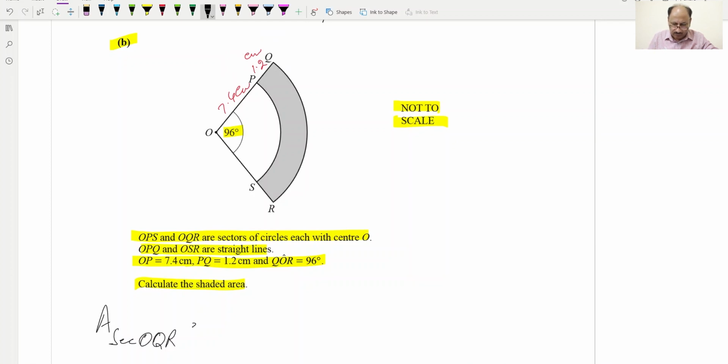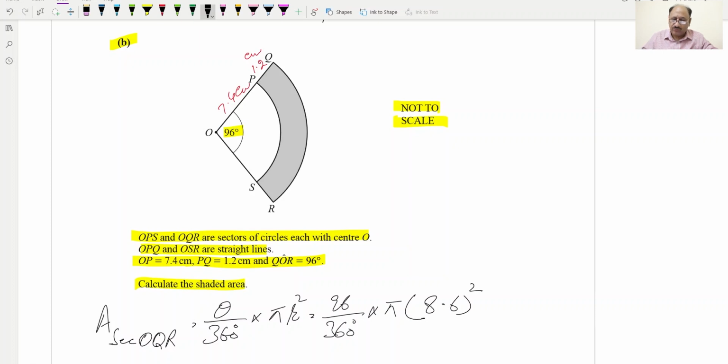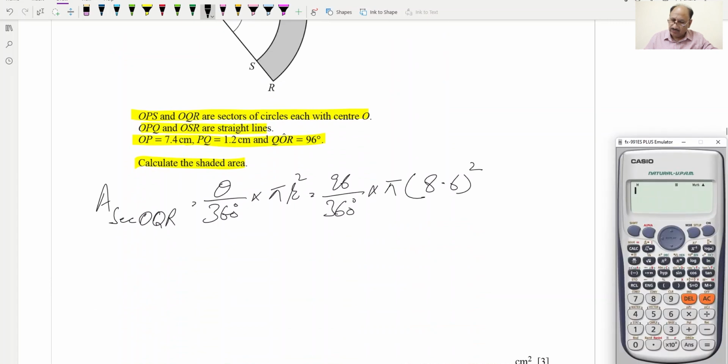So the formula will be theta over 360 times pi r squared, and theta is 96, so 96 over 360 times pi, and r is 7.4 plus 1.2, so 8.6 squared.